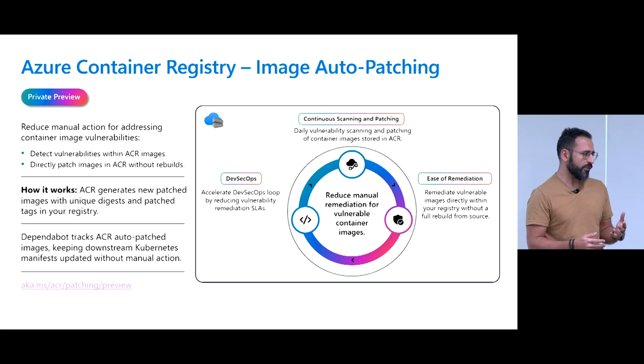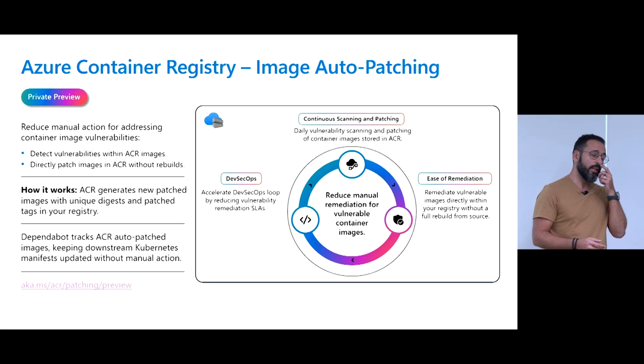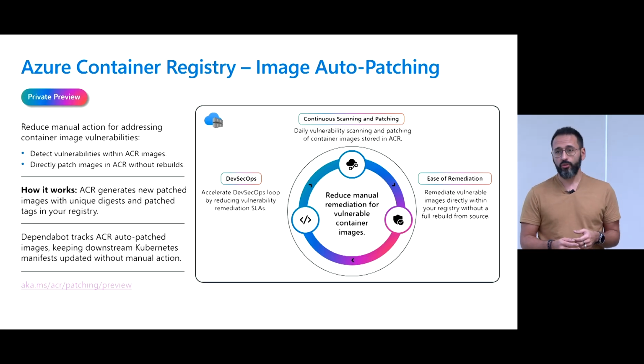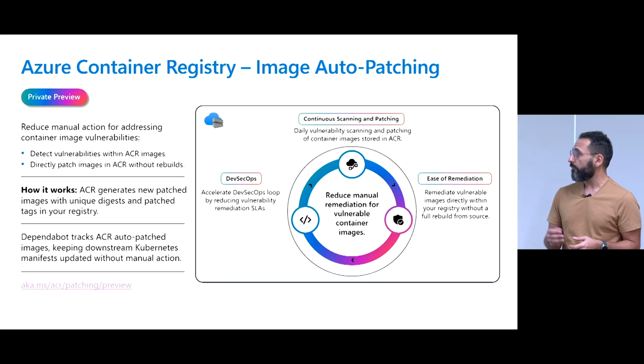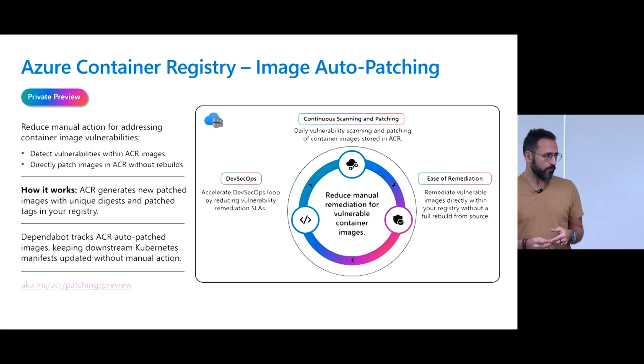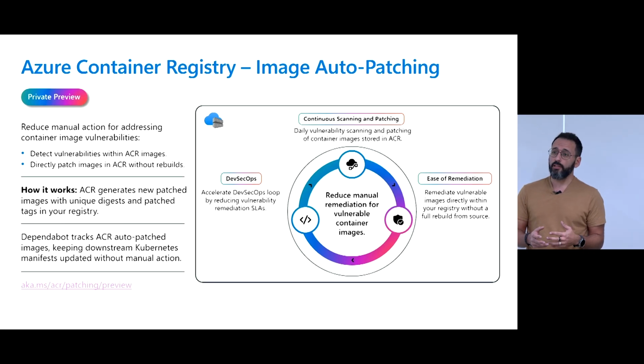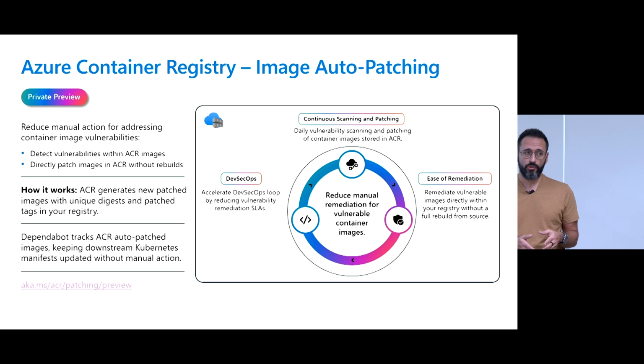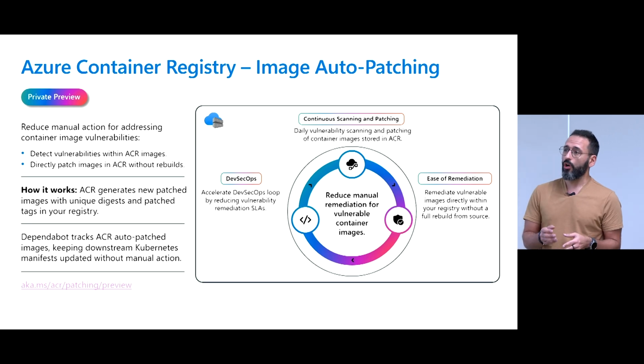For this reason, we have a new feature that's currently in private preview in Azure Container Registry, called image auto-patching. It detects vulnerabilities within images that are hosted in Azure Container Registry, and it's able to directly patch those images there without rebuilding the application or the image again.